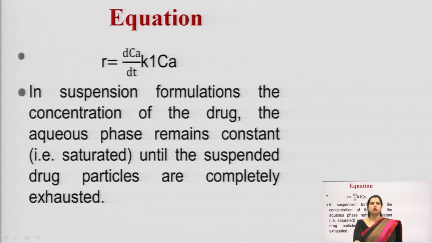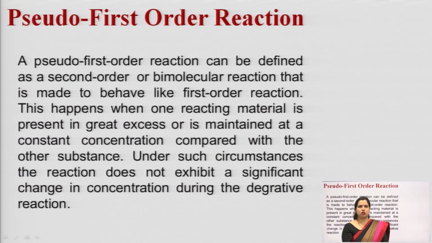In suspensions, the concentration of the drug in the aqueous phase remains constant, that is saturated, until the suspended drug particles are completely exhausted. So, using this equation we can identify pseudo zero order reaction kinetics.